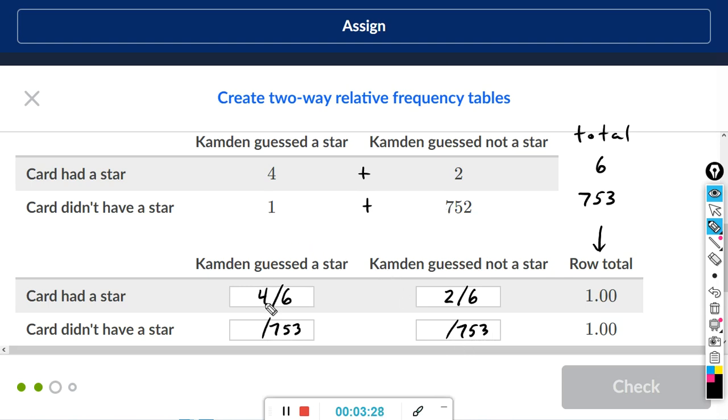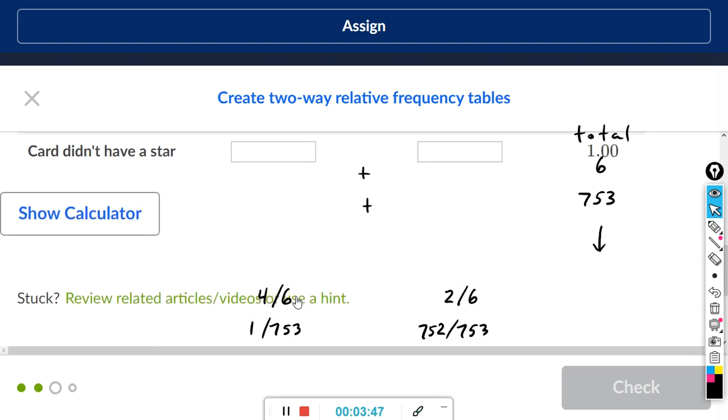So this numerator is 1, and this numerator is 752. Okay, so 1 over 753 plus 752 over 753 equals 1. So that's basically it. You don't have to reduce the fractions.